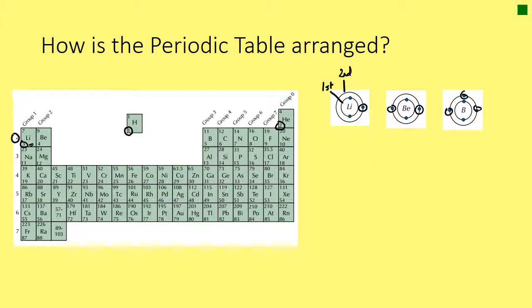Okay, next thing is going down a group. If we start in group 1 with lithium, you can see we've got 1 outer electron, and it's in group 1. The next one that's just appeared is sodium, and that has 3 shells: first shell, second shell, third shell.